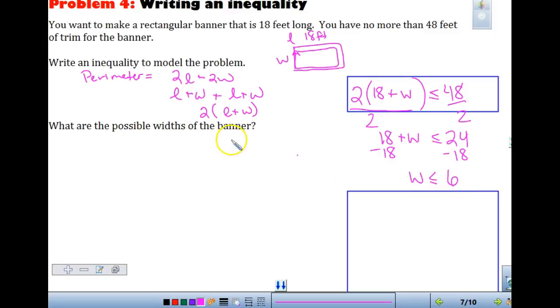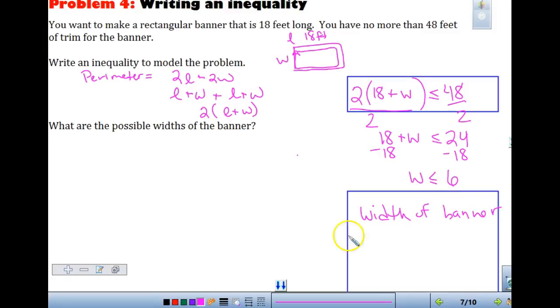So it says, what are the possible widths of the banner? Now, I know the beginning of the school year when we were doing those graphs, we kind of talked a little about the words domain and range. This is really important as we get to this one. When they say, what are all the possible widths of the banner?